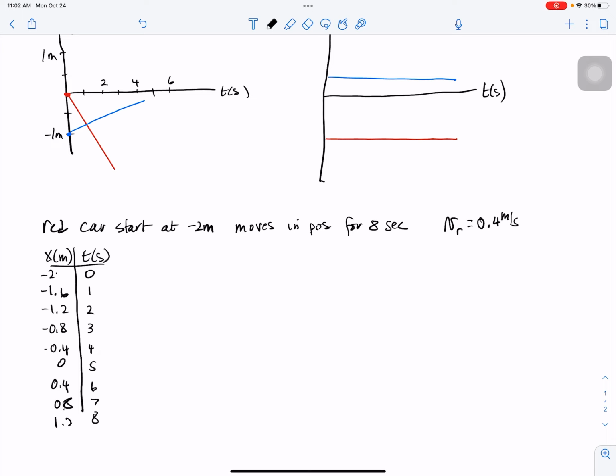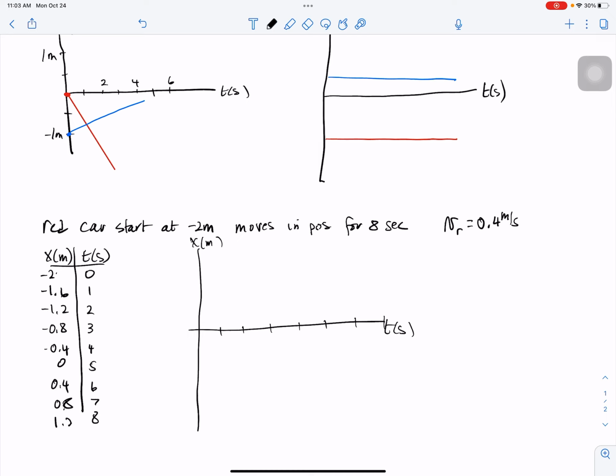Okay, so we'll do our graph. So those are my points that I'm going to plot. And you also don't need to plot every single point, because we know that these are straight lines. So we've got x in meters, time in seconds, 1, 2, 3, 4, 5, 6, 7. I ran out of room for 8.